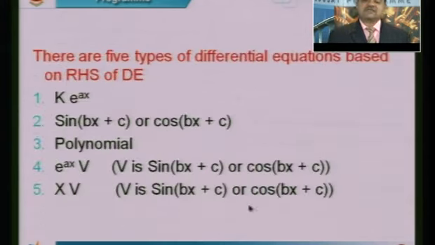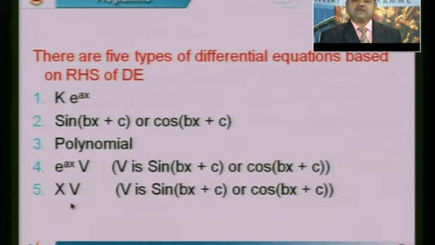And also in the last class, I told you there are 5 types of differential equations based on the right hand side of the differential equation. One is k into e power ax, second is sin bx plus c or cos bx plus c, where b and c are constants. Third is a polynomial of degree n in general. Fourth is e power ax into v, a product, where v can be either sin or cos.